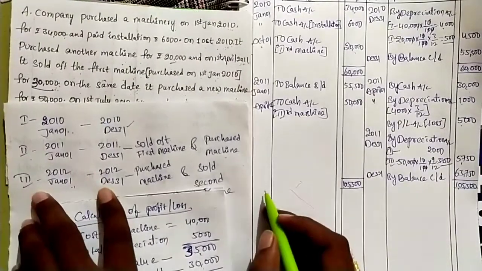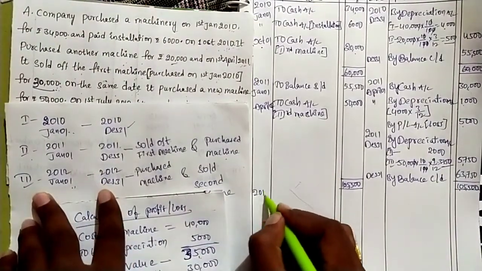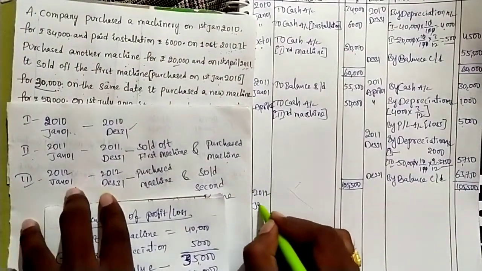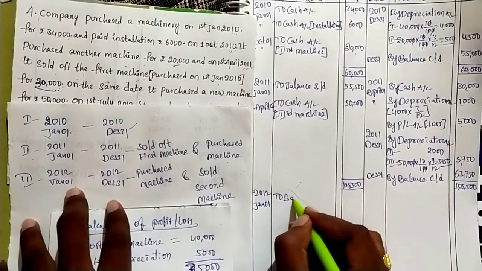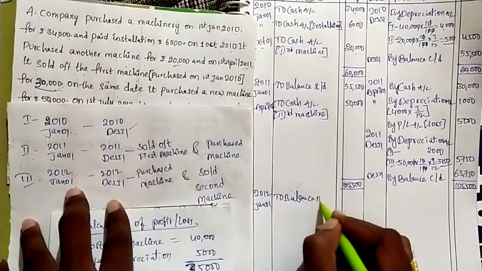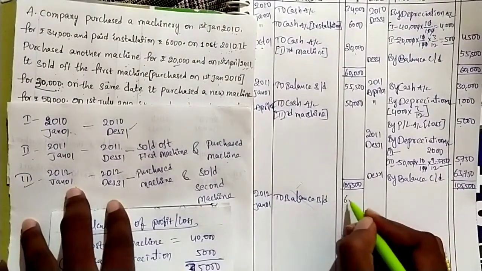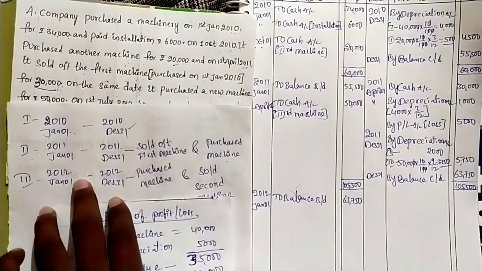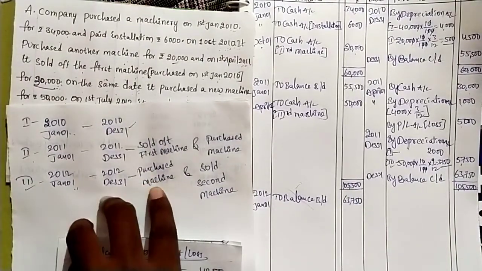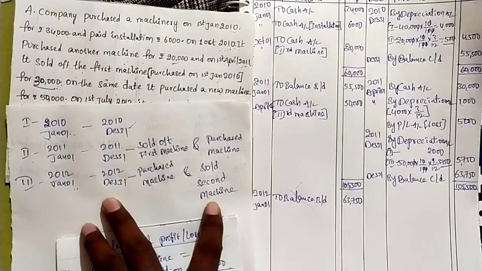What is the third year? See this, 2012 January 1st, to balance brought down 63,750. Okay, so in the third year also we purchased one machine and sold another machine.